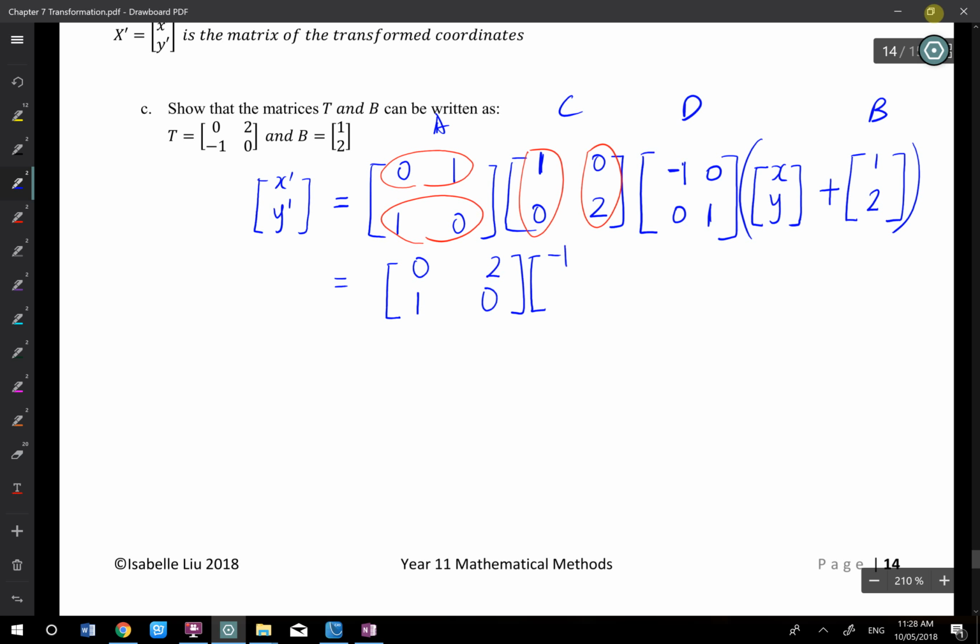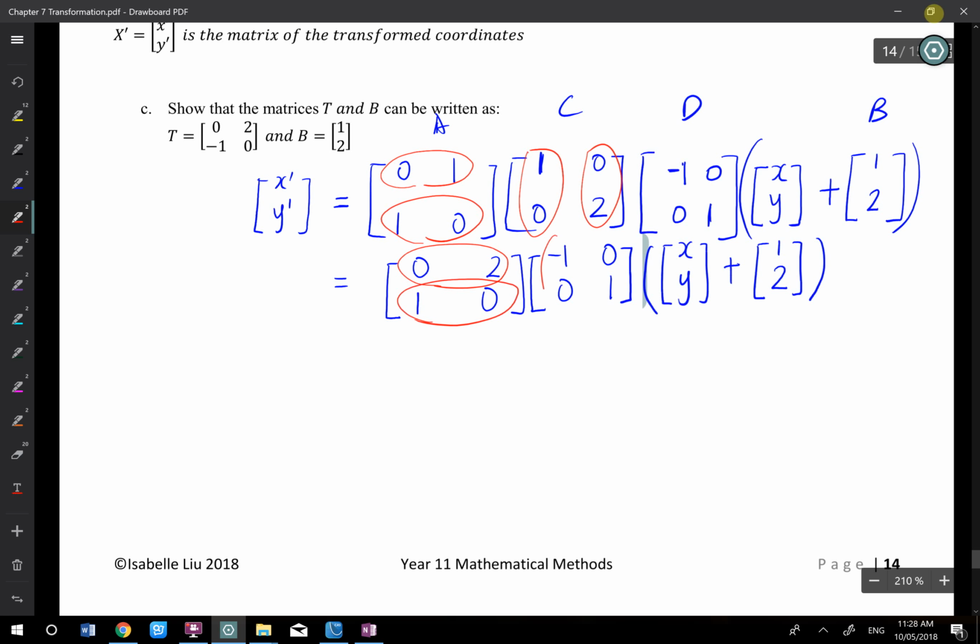And we keep multiplying this with this one, row and column.